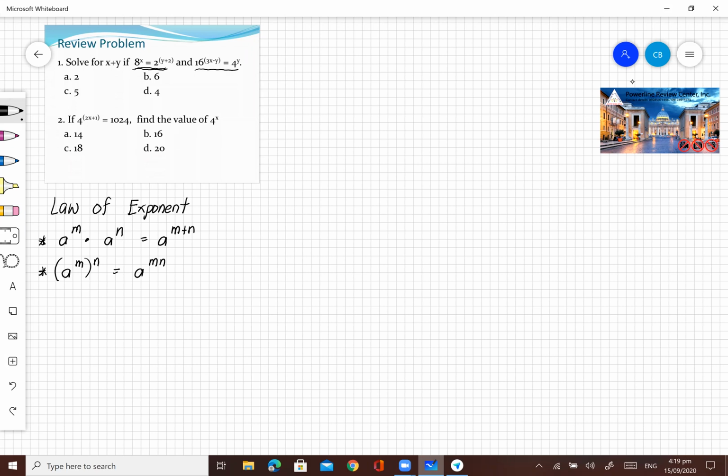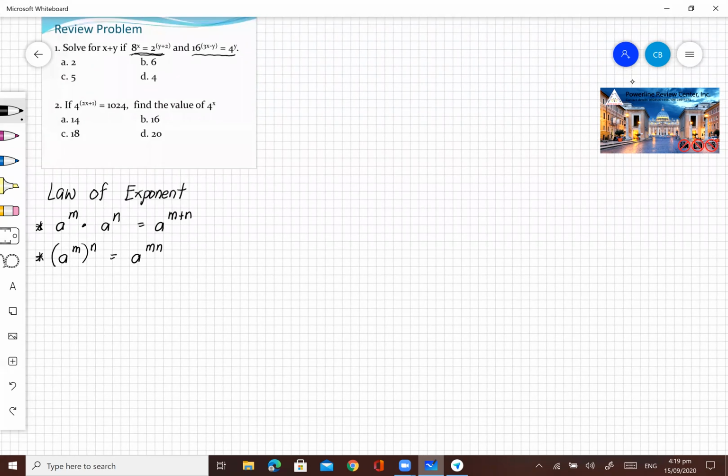So, 8 raised to x, 8 is also 2 times 2 times 2, which is also equal to 2 raised to 3. Then, naka-raise kay x, by exponent raised to exponent, pwede ko siyang gawin as 2 raised to 3x, which is now equal to 2 raised to the quantity of y plus 2.